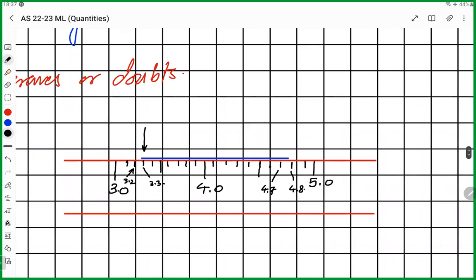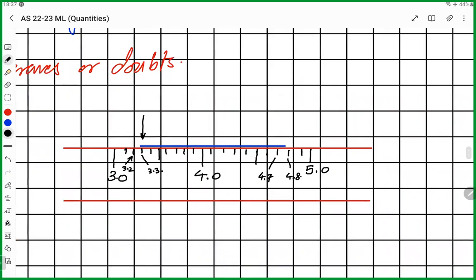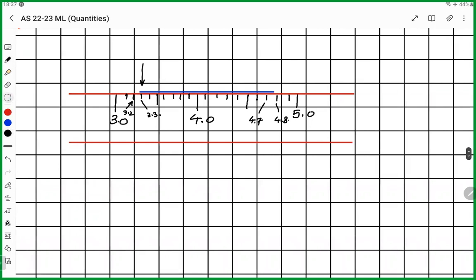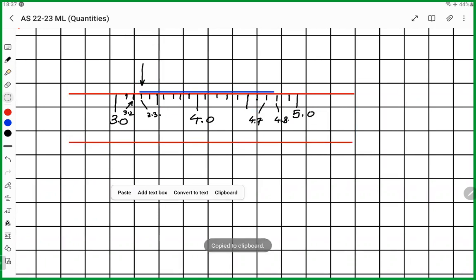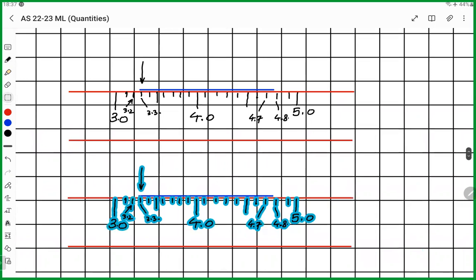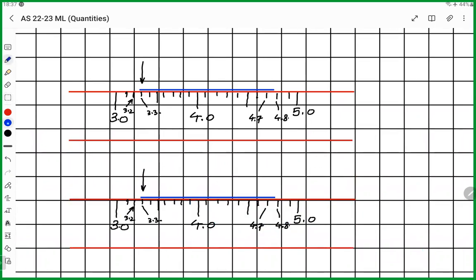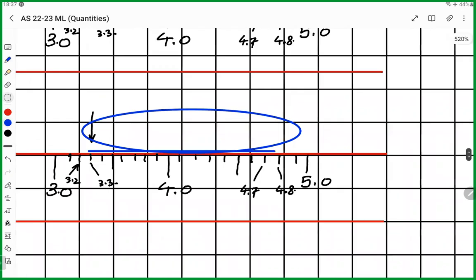Now, let's make this confusion a bit bigger. Instead of measuring something that can be very close to the ruler, what if you are measuring something which is like this? In this case, when you are measuring this thing, this is the end and this is the reading. Let me clear these readings.